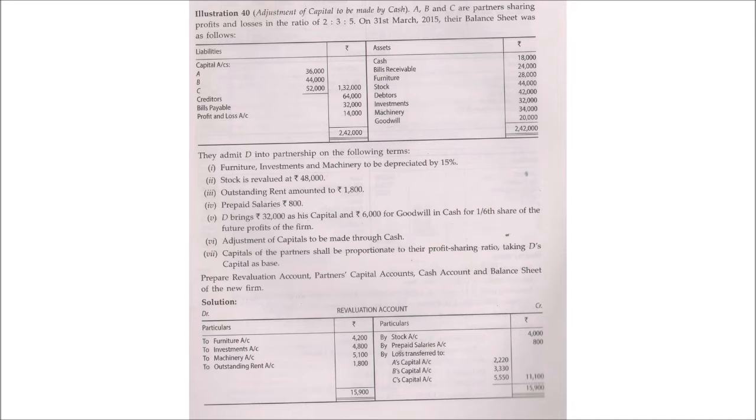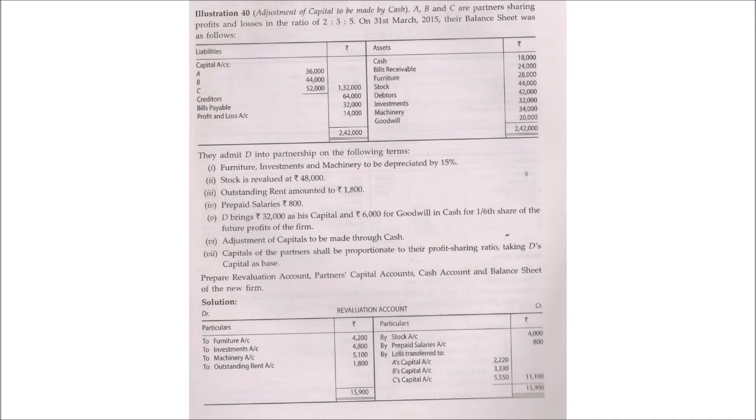Now we can start answering. First of all, as you know, we have to prepare revaluation account. The first adjustment, it is very clearly mentioning that furniture, investment and machinery are to be depreciated. Depreciated means it is a loss. Asset depreciation is a loss. So it will be coming on the debit side of revaluation account. 15% of these assets we have to calculate. First, furniture.